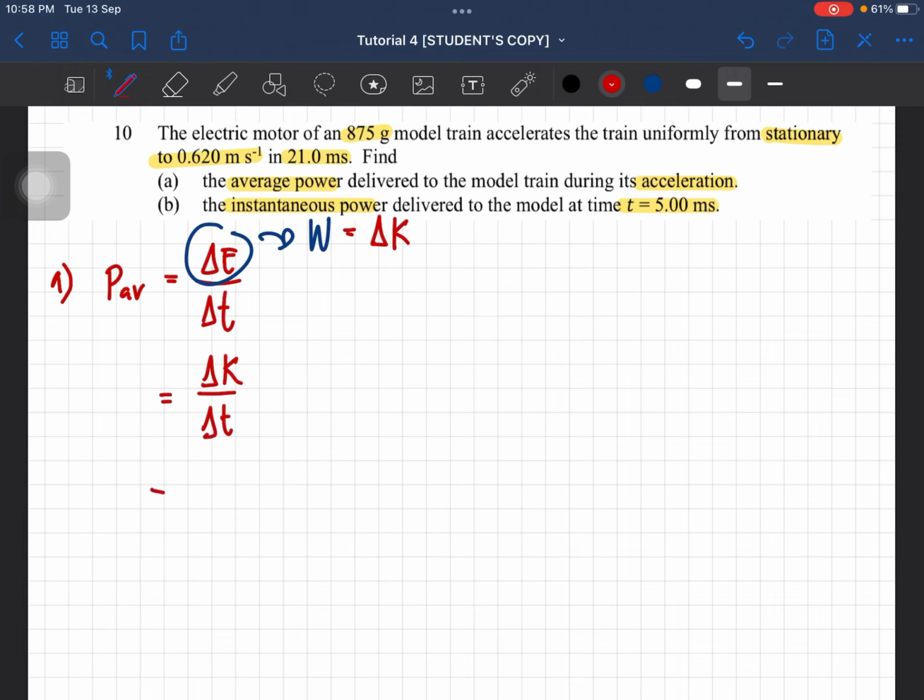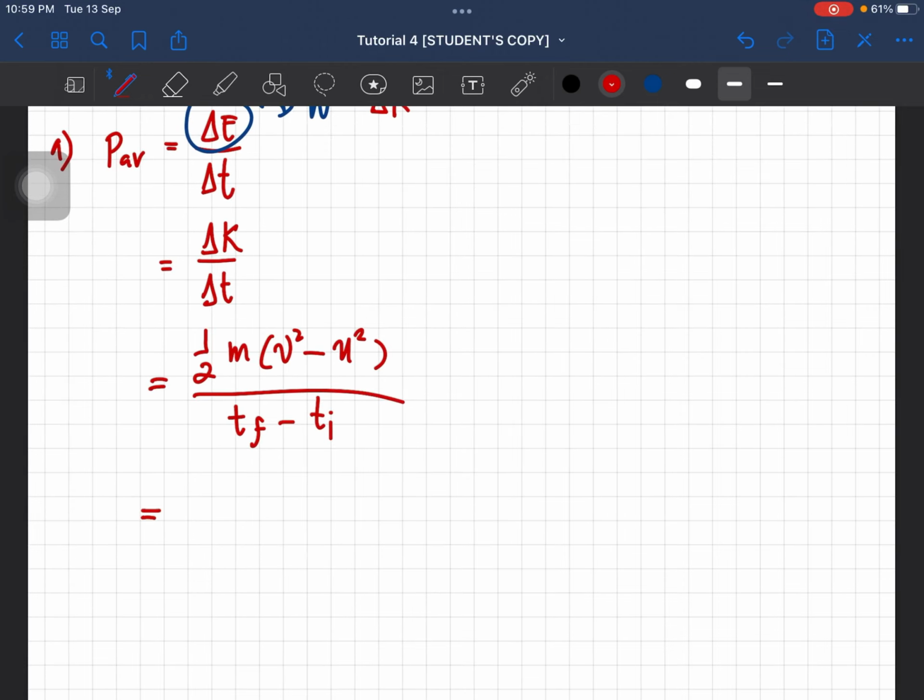Okay, so what is delta K? Delta K is half mv square minus half mu square. So that is half m (v minus u) square, over t final minus t initial. Okay, so sekarang ni kita tahu u is equal to 0 because it starts from stationary.